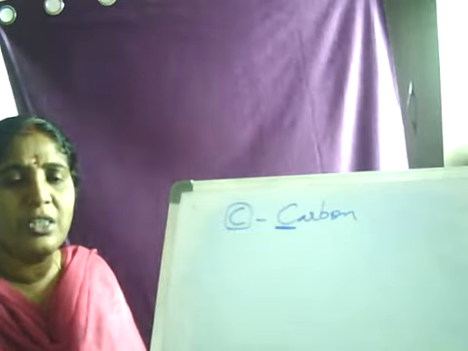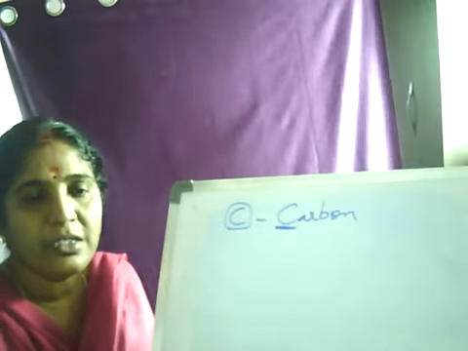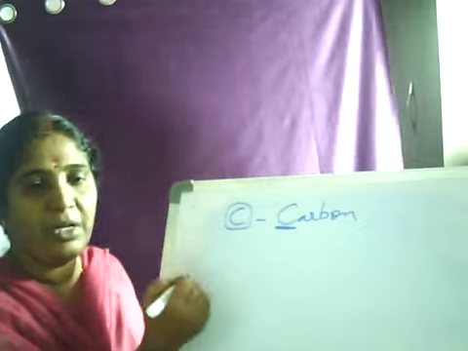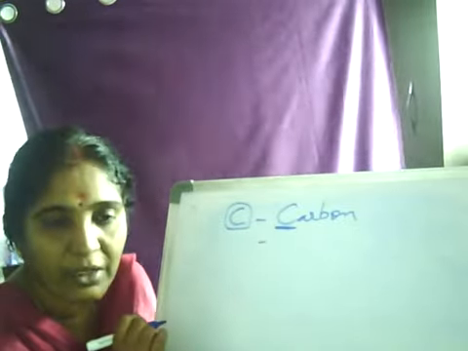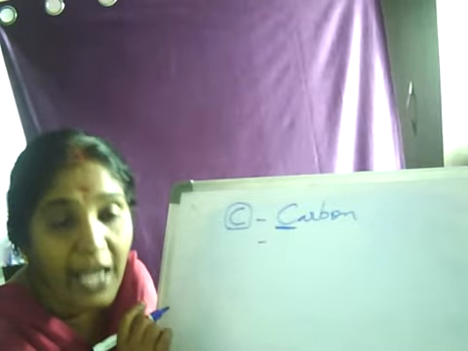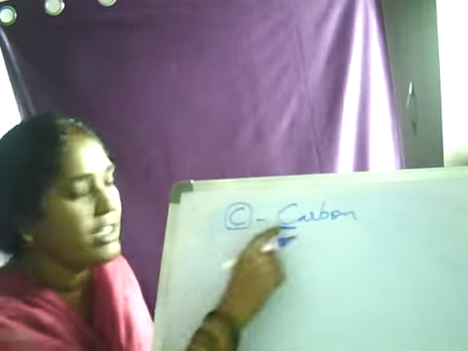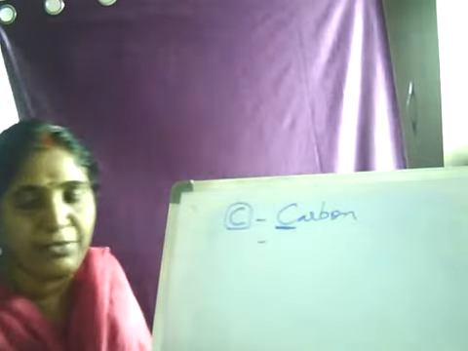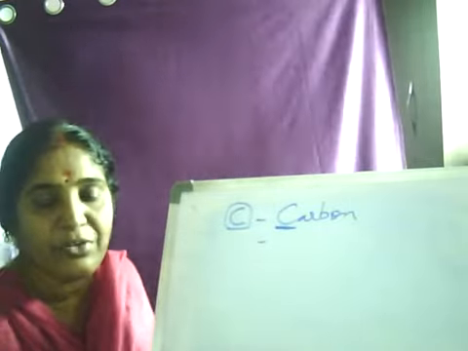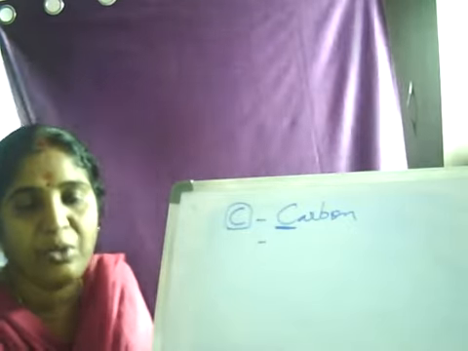Now, as such, there are certain elements along with carbon, they also start with C. For example, chlorine, cadmium, calcium, all these start with C. Now, how is that? For everything, if I write C, C, C first letter, how are we going to differentiate whether it is carbon or calcium or chlorine?